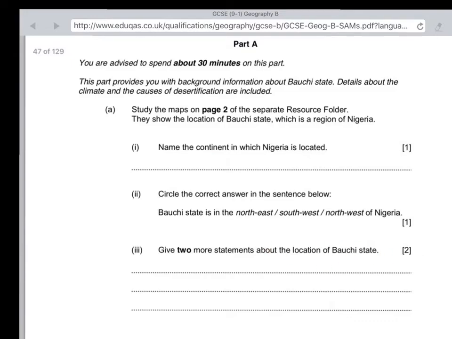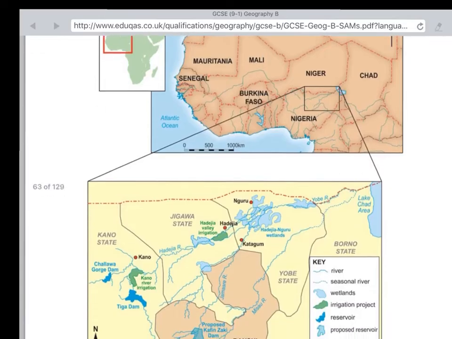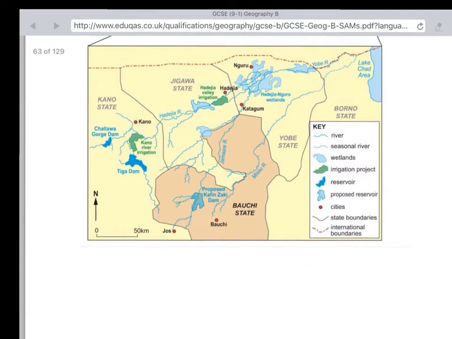So if we have a quick look at the map. Okay, so we can see the map here. First thing we can see is that it's in Africa. We can also see that it's in northwest Nigeria. Then it's basically asking us to have a look here and say where Battery State is.